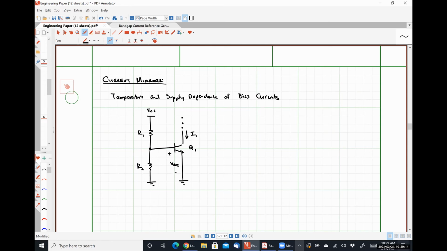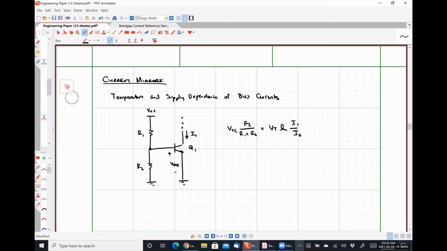And so for some negligible base current, we can say that VBE is equal to VCC times R2 over R1 plus R2. That's just using voltage division, nothing wild or crazy there. It is equal to VT times the natural logarithm of I1 over IS for this particular transistor Q1.